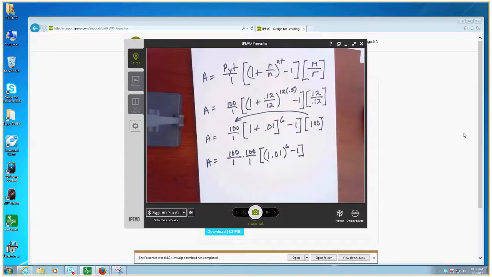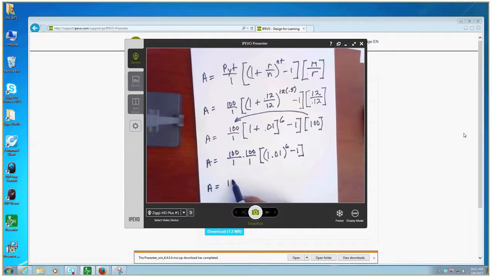And now you can use your calculator to do 1.01 raised to the 6th power minus 1. You don't need a calculator to do 100 times 100 because 10 times 10 is 100. You count the zeros, right? So 100 times 100 is what? 1 and 4 zeros, right?